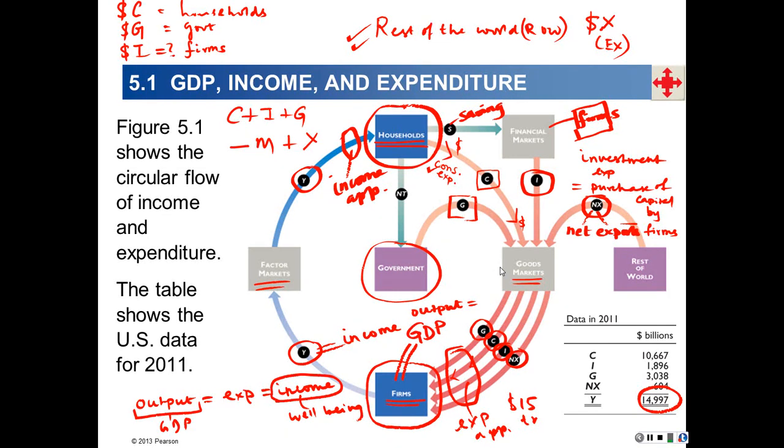So that is the expenditure approach to calculating GDP. You figure out GDP by asking the 4 shoppers what they spent, right? That is the expenditure approach to calculating GDP. So we're basically adding up these 4 flows that you see here.